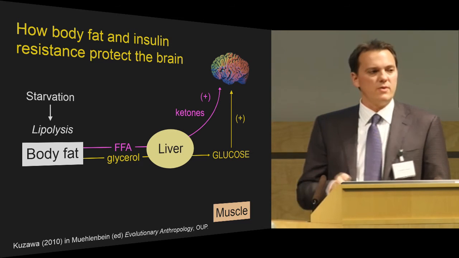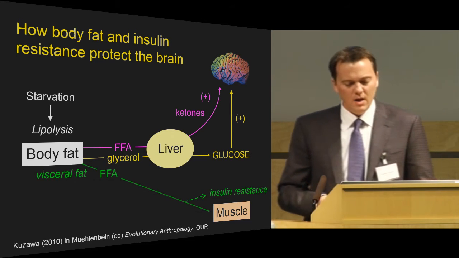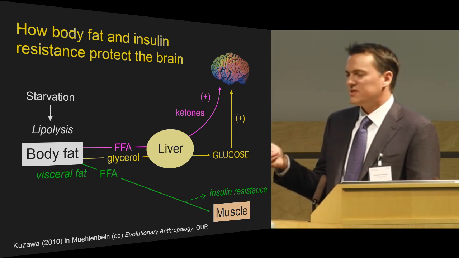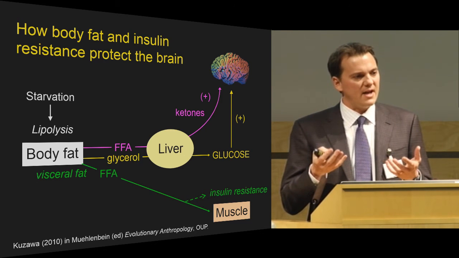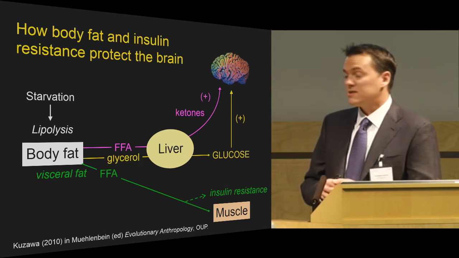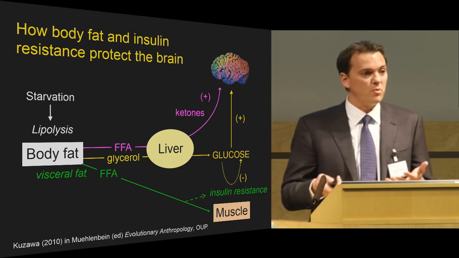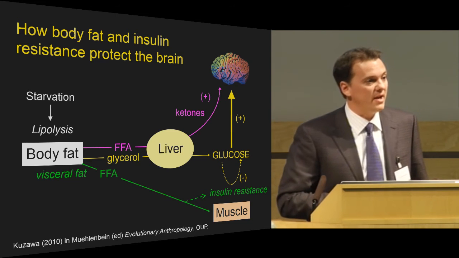So you have direct buffering of the brain through fat. But you also have indirect buffering, and this is where insulin resistance comes in. When free fatty acids are in the bloodstream, muscle becomes insulin resistant. It stops using glucose and preferentially uses the fatty acids as substrate. This is a way of, in a sense, conserving glucose for more important functions. This increases the amount of glucose available to the brain indirectly.